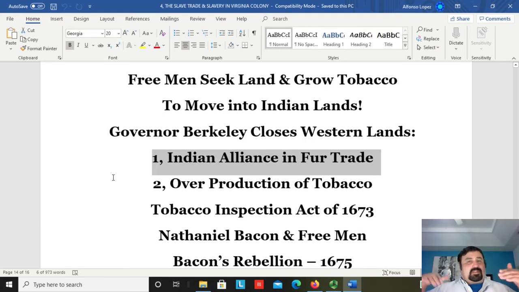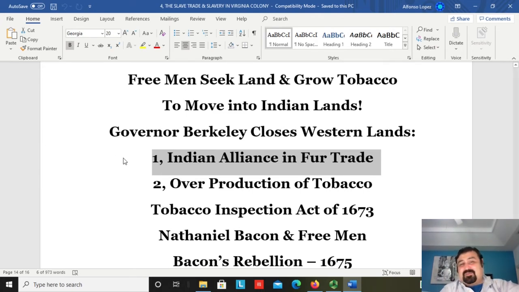So the colony is exporting tobacco back to England, but on the side, the colony is also trading with the Native Americans products that they like, they need, they want in exchange for furs. And this is another product that the colony is also exporting, furs. And so if they just move into their lands, the fur trade will be upset. Okay, and so this is a commercial activity that sustained the colonial economy of Virginia.